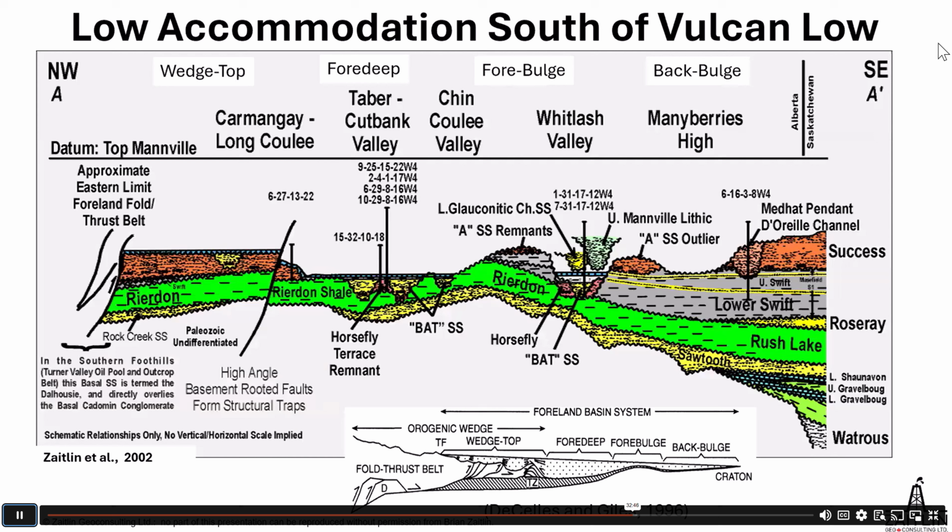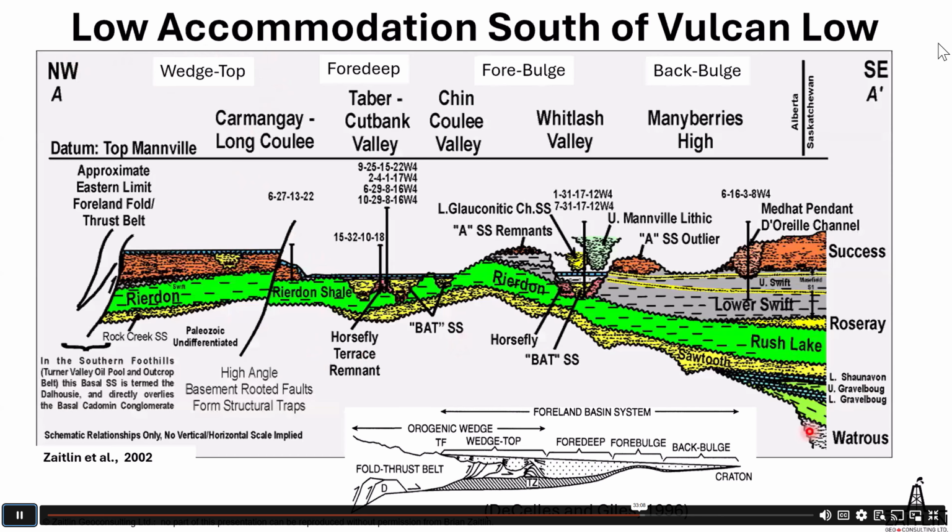So these are cross sections that were built while we did these studies by Lauren Rosenthal, who took the detailed work that the group were working at, and these represent the different type cores that we have through the area. This is a cross section south of the Vulcan Low in the area of low accommodation.